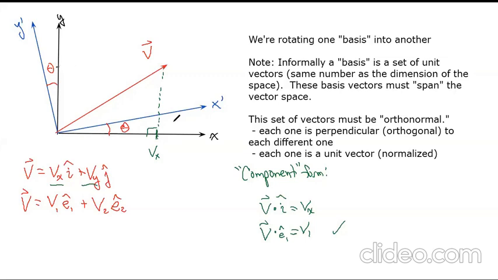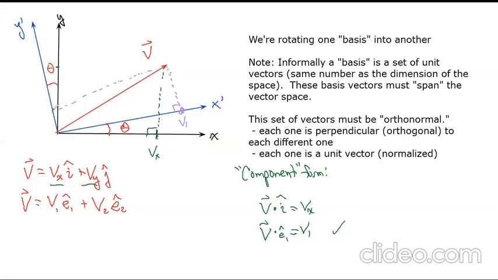Okay, that's a generic prescription, so that's how I would find V1 and V2. So I would project perpendicular to the x prime axis, and this would be V1, and then I would project perpendicular to the y-axis, and this would be V2.